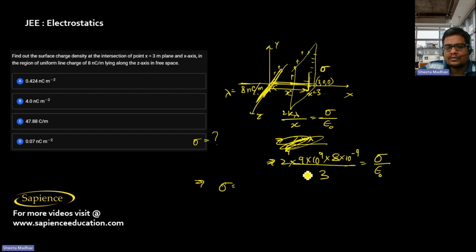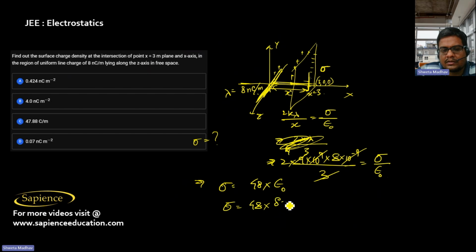So sigma will be, 3 3s are 9, so 2 3 are 6, 6 8s are 48, 48 into 10 power 9, 10 power minus 9 will cancel out. So sigma will be 48 into epsilon naught, that is 8.854 into 10 power minus 12 coulomb per meter square.